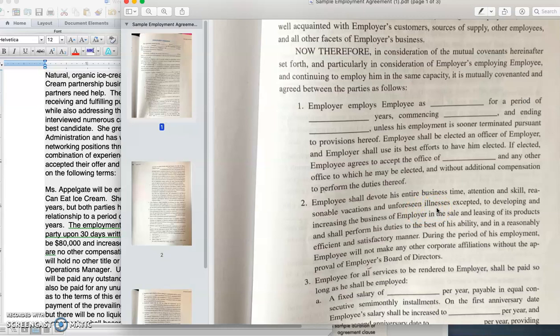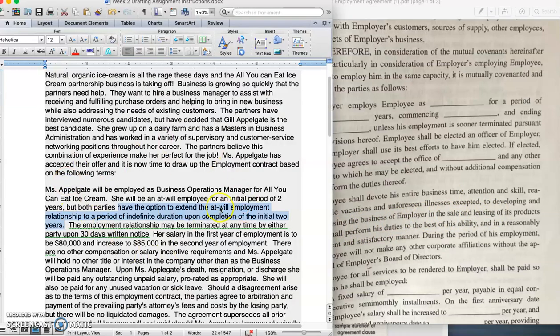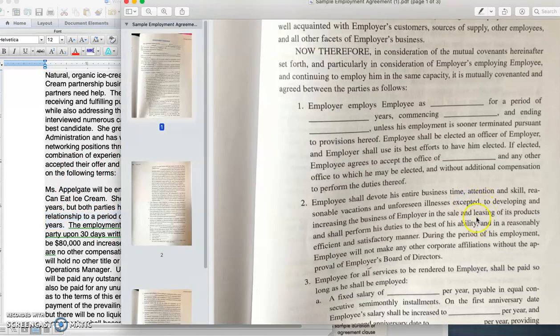But in general, she's going to work and devote her time and skill to developing and increasing the business of employer in the sale. You're going to take out leasing, right? Because in the fact pattern, it says she's going to be in charge of selling ice cream and taking purchase orders for the company of its products, and shall perform, again, her duties to the best of her ability and in a reasonably efficient and satisfactory manner, right?